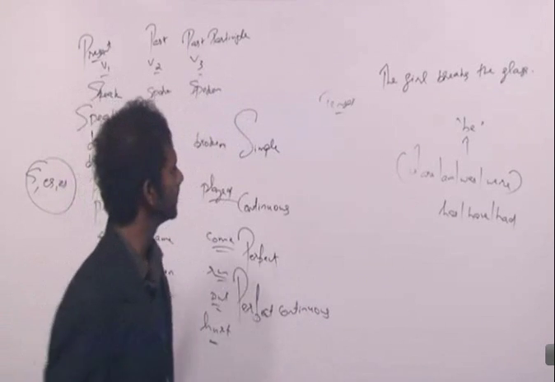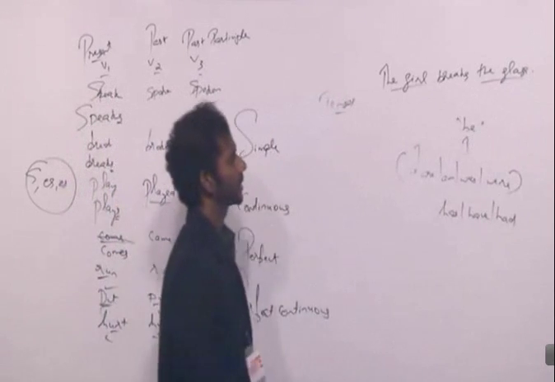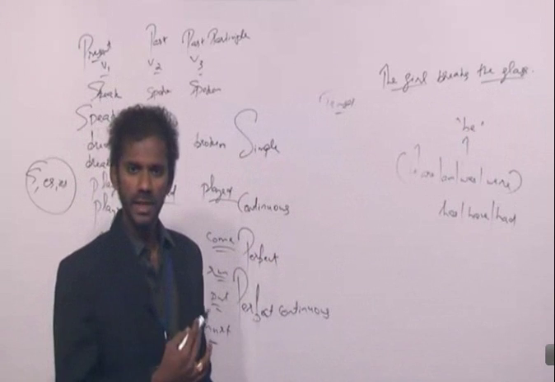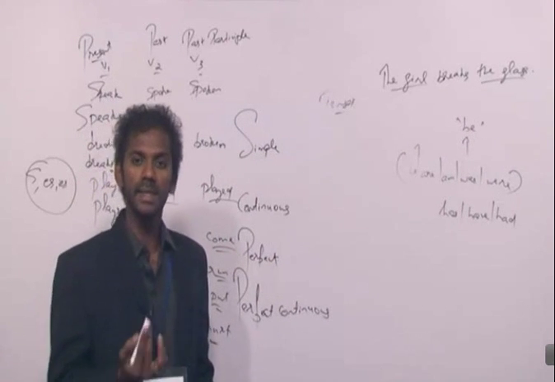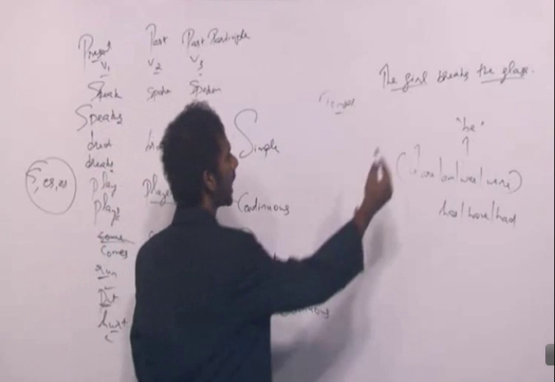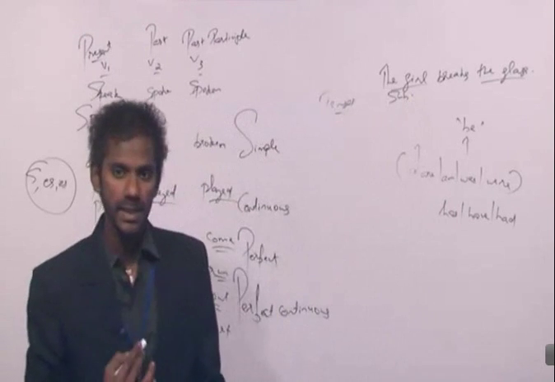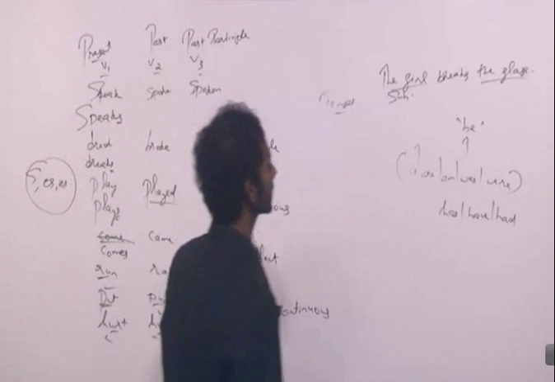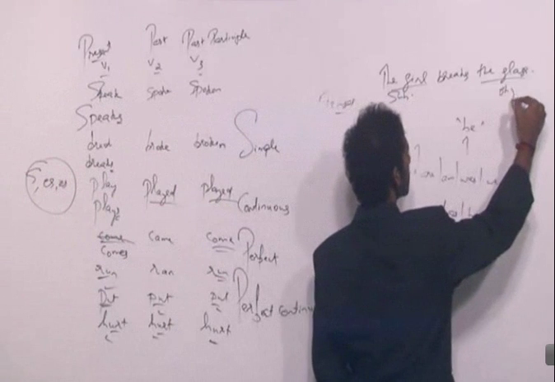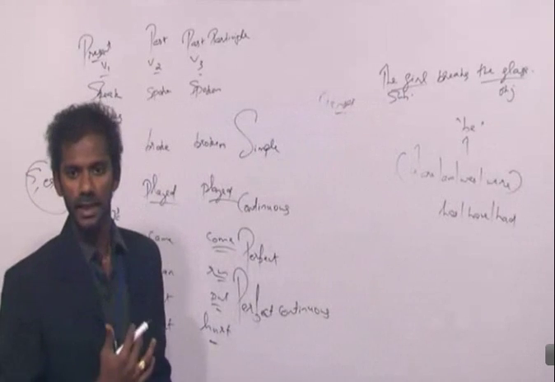Two nouns are here. One is the girl, the other one is the glass. Which noun is the subject and which noun is the object here? As I said, the doer is called the subject and the receiver is termed as the object. So the girl is the subject because the girl is doing the action here. And the glass is the object because the glass is receiving the action. So girl is the subject, the glass is the object.